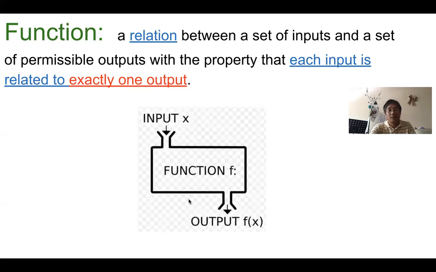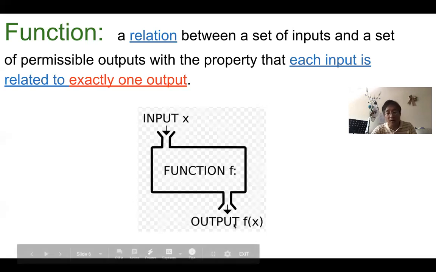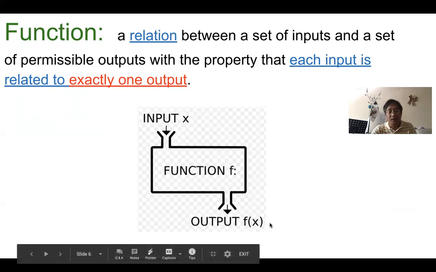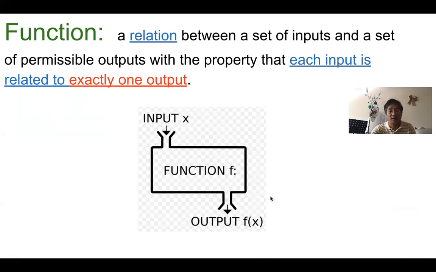So it looks like this is the machine. If you put the x value here, this machine works inside and calculates something and gives you output. And we call it f of x. So f of x is the function. Mostly in Algebra 1, we wrote down y instead of f of x.